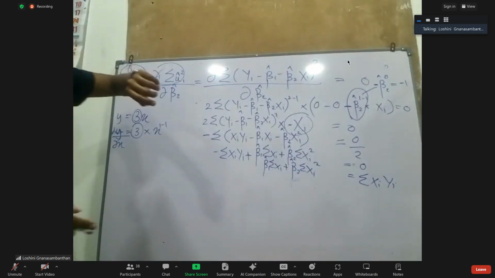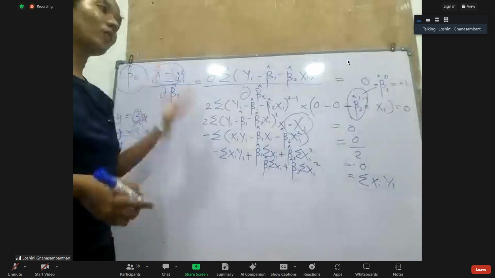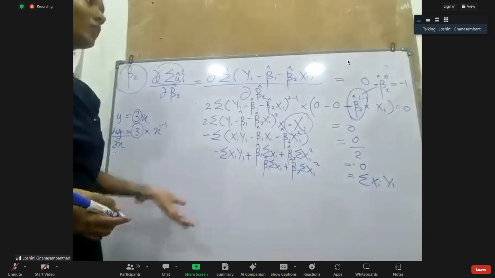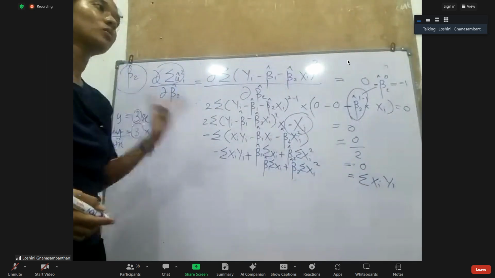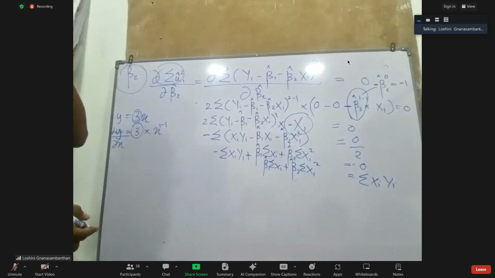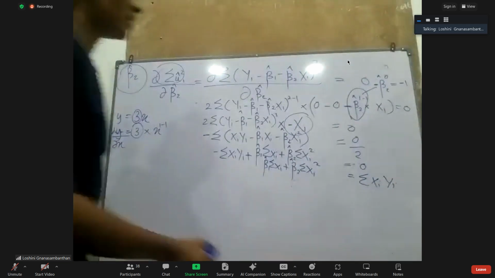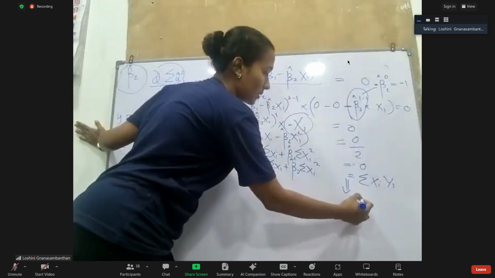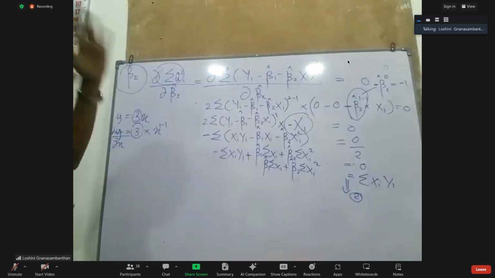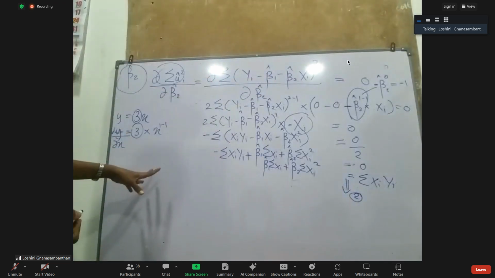Now, if you're doing the steps very correctly, you don't have to worry about these things. You don't want to memorize also. You just do it 2-3 times, then you'll be fine. So we take this as the second equation. Now compare your first equation with the second equation.